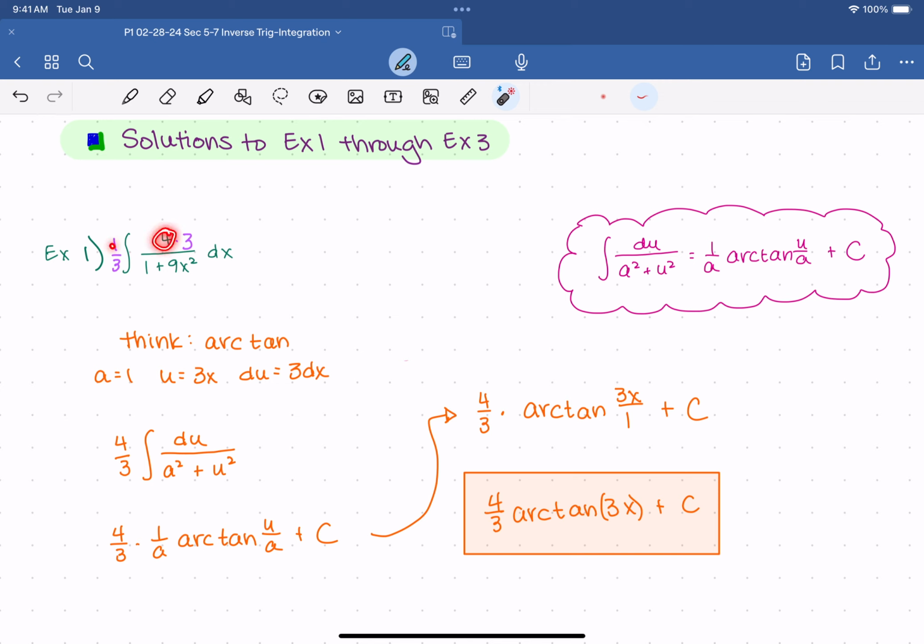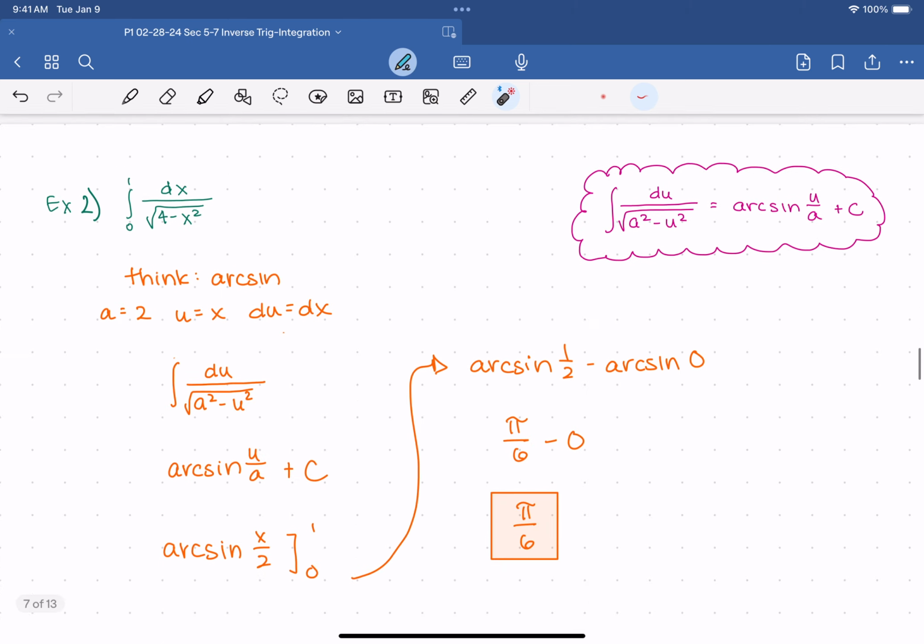That would bring me to 4/3 on the outside, and then 3dx is du, and then a squared plus u squared right down there, which filling in the formula and then filling in for a and u, we end up getting here. So take a look at that one. Again, pause the video at any time you feel you need to.